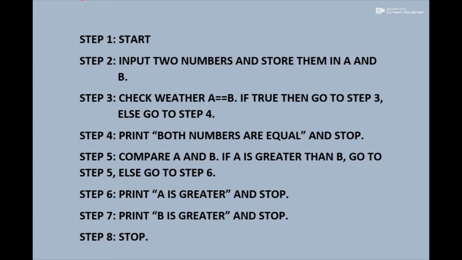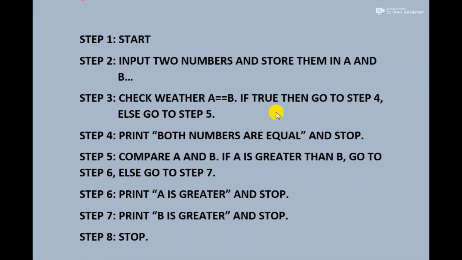Here we are going to check all these conditions. In step 3 we check whether A is equal to B. If A is equal to B, then go to step 4, and step 4 contains: print both numbers are equal and stop.